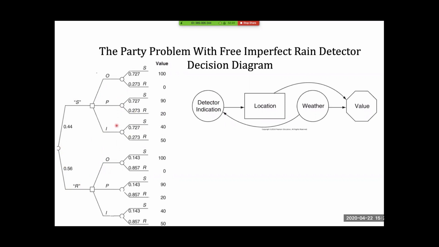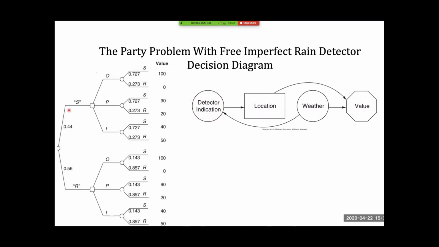This is just the decision to choose the party location after the fact that you have been given a rain detector. The purchase decision we will add in the next part. But for now, let's assume that there is no decision to be made on whether you should get the rain detector or not. Of course, you need a node to represent the rain detector's message, so that is what we have over here.